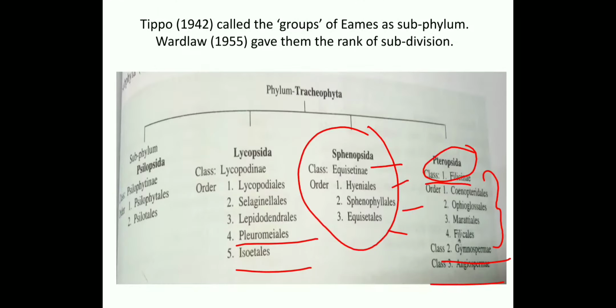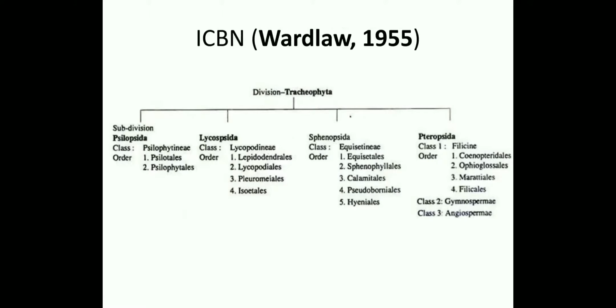So this was the classification given by Tippo. Later on, the recent system of classification is the ICBN, now named the International Code of Nomenclature for algae, fungi and plants, although earlier it was named the International Code of Botanical Nomenclature. Then Wadlow considered these subphyla as subdivisions, and Tracheophyta as the division.